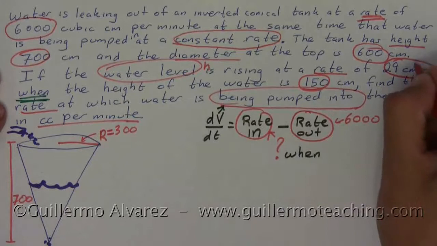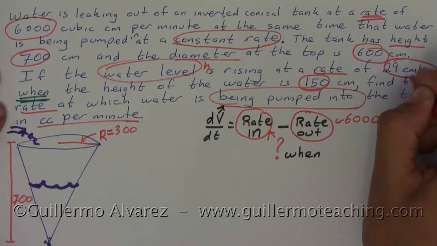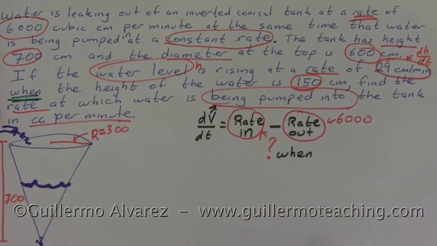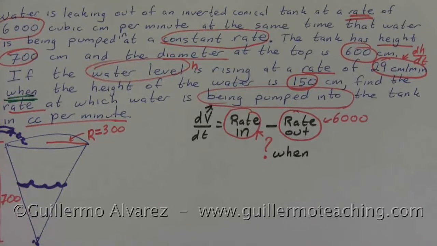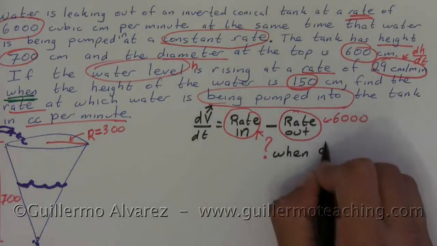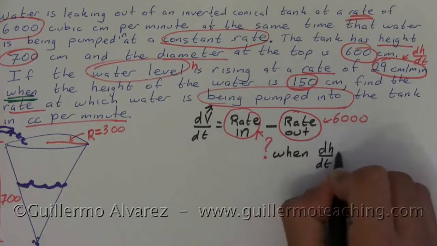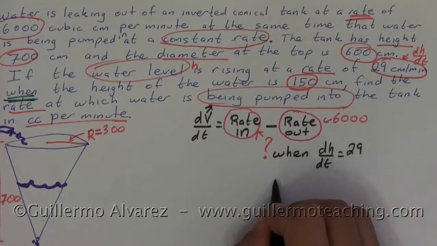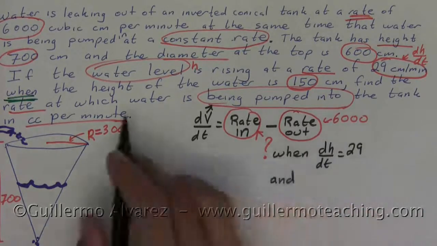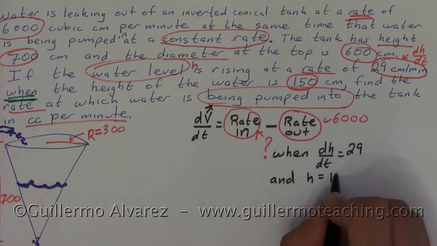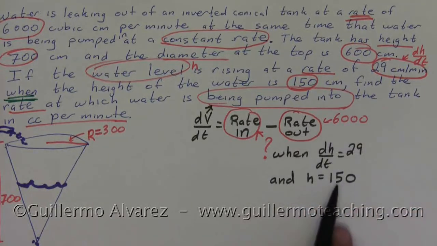So 29 centimeters per minute is dH over dt. That means we're looking for the rate in when dH over dt is equal to 29, and also when the height of the water is 150 centimeters, so when H is equal to 150.